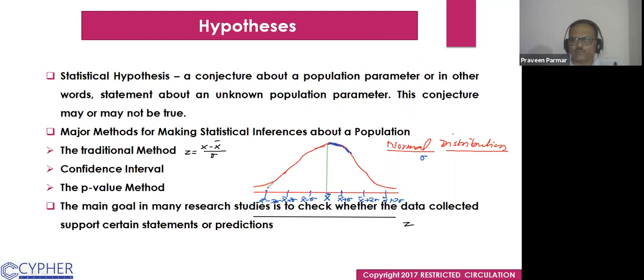Suppose I have a few values here. Here we have a mean of 52 and a standard deviation of 9. So 52 plus 9 is 61, 61 plus 9 is 70, and then 79.